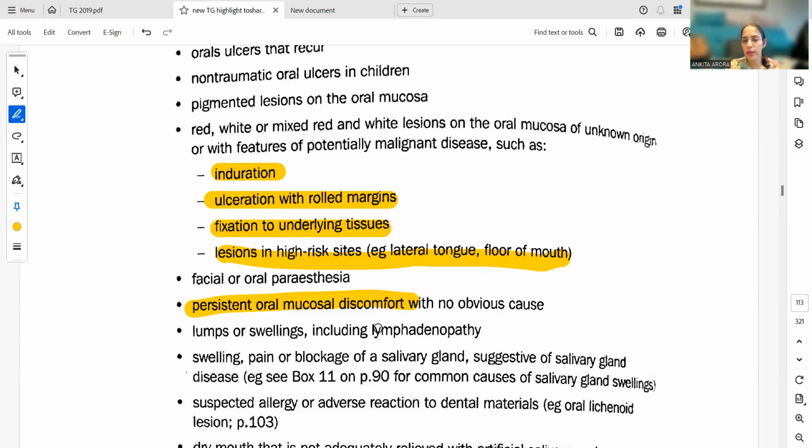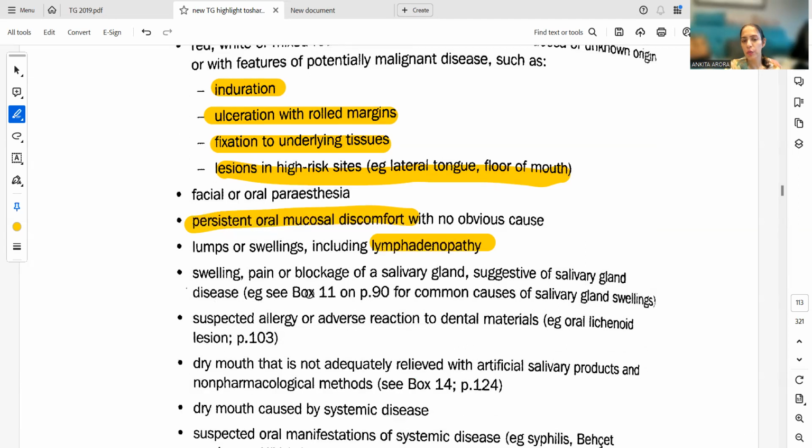Lumps or swellings including lymphadenopathy. We have the cancer staging, right? T1N1, M0, T1N2, M0. So if lymph nodes are involved, local ipsilateral lymph nodes or bilateral lymph nodes get involved, that is, the cancer has spread through the lymphatic route, involving the lymph nodes. Swelling, pain, or blockage of the salivary gland, suggestive of salivary gland disease.